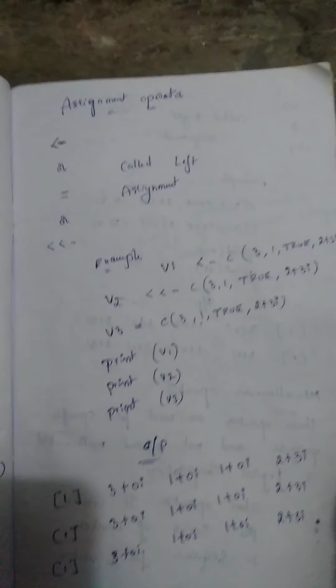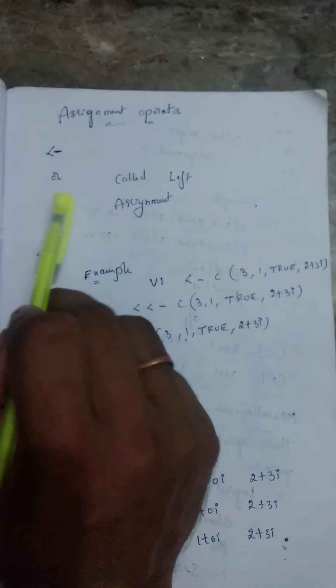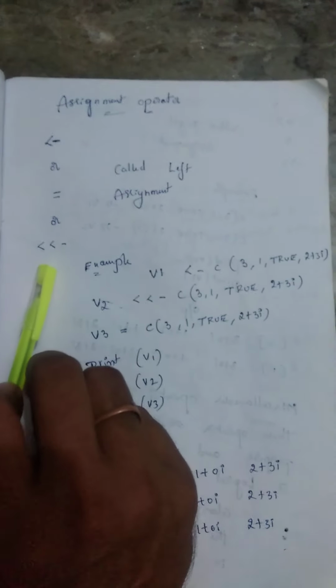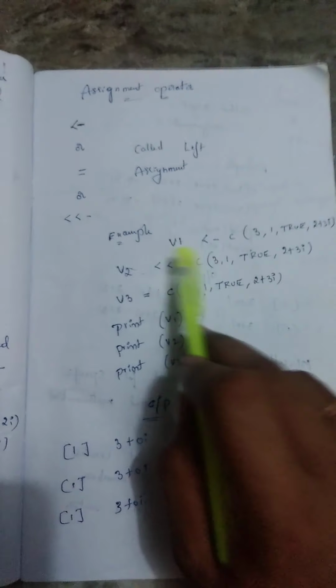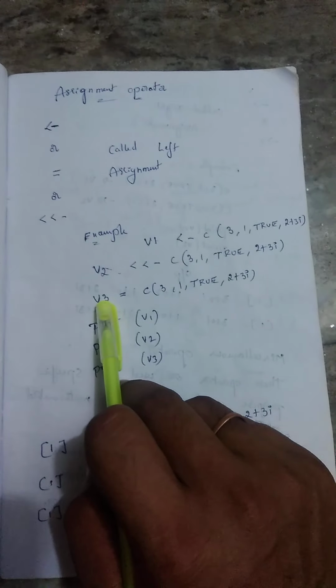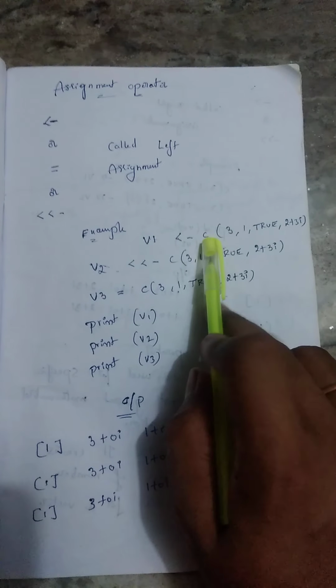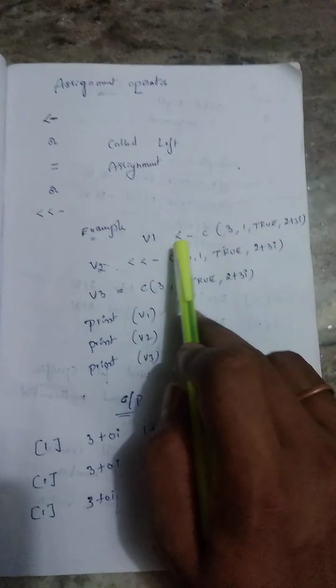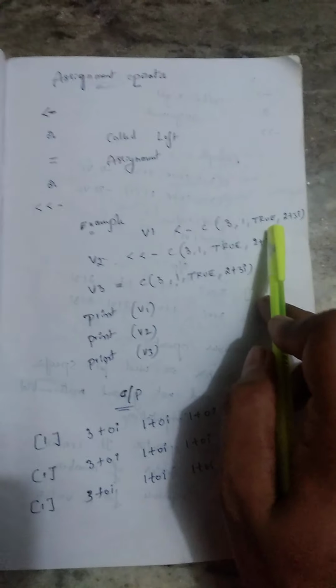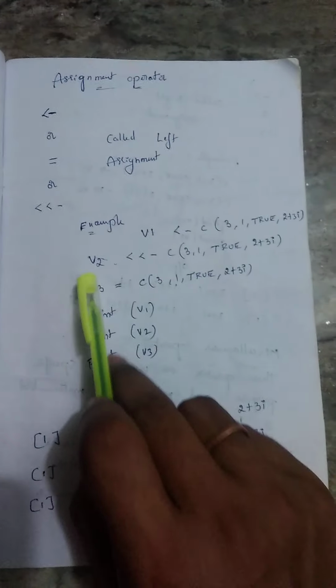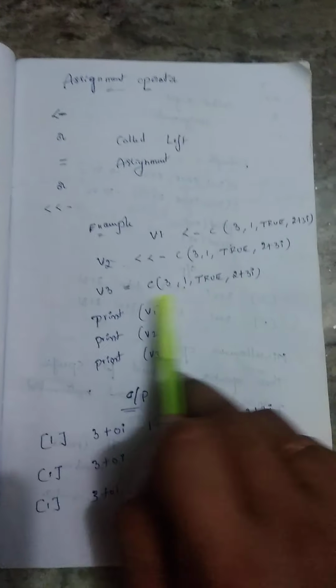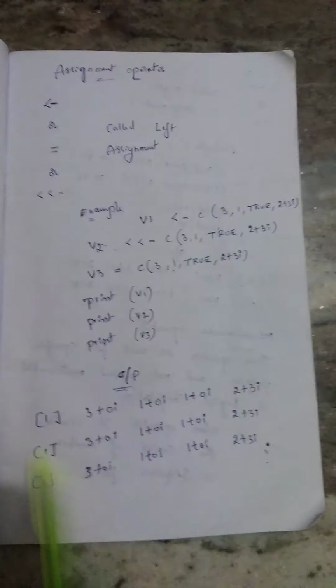And coming to the assignment operator, left assignment, equal to, or left shift. Here is an example of v1 vector, v2 and v3. In v1 vector, passing the C function some group of elements with the prompt symbol, 3 comma 1 comma true, and some complex elements also. The same format for v2 and v3, and printing v1, v2 and v3 in this format.